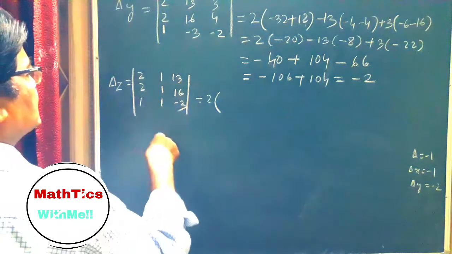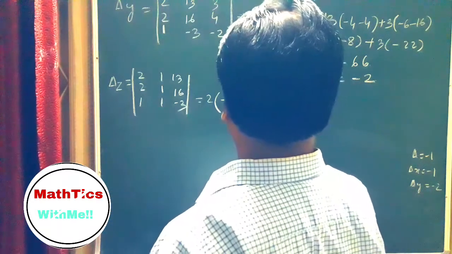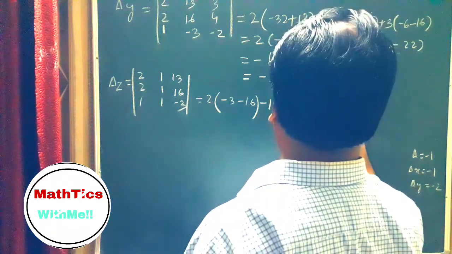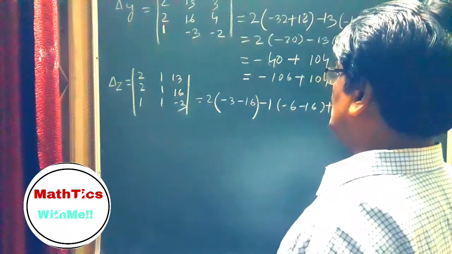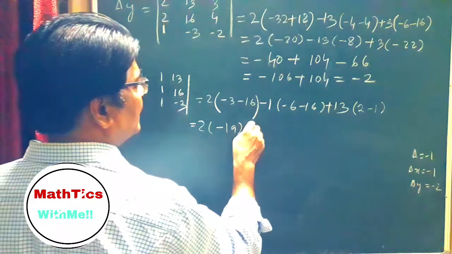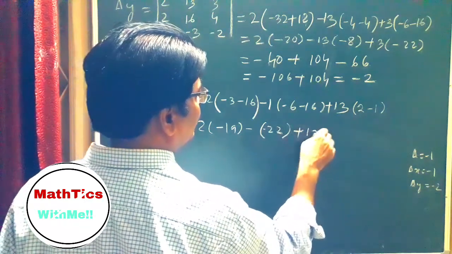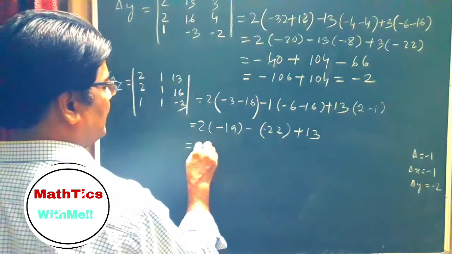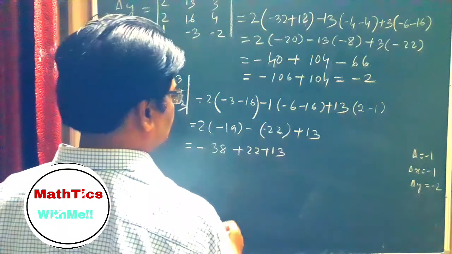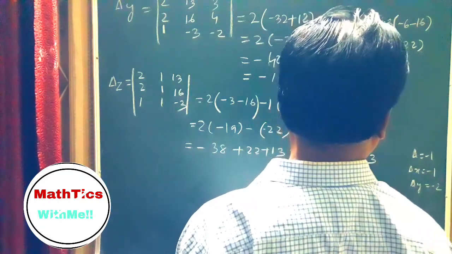Now expanding delta z, we forget the first row and first column, and we get the value -3. We have got it.